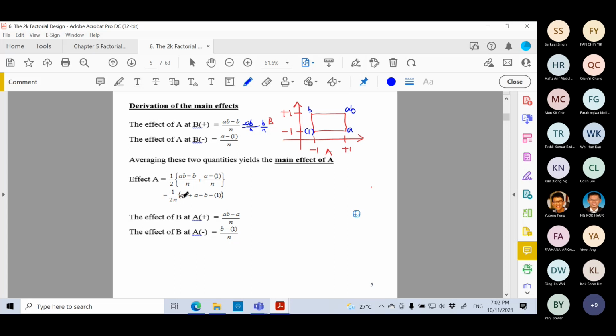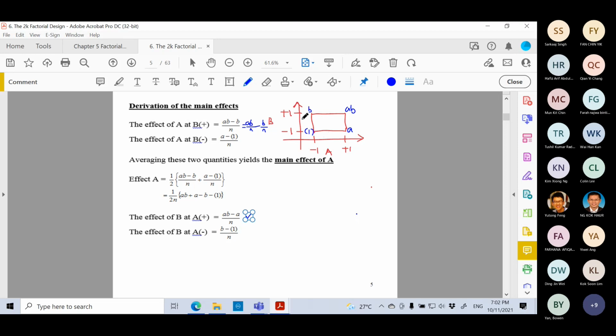Similarly, if you want to find the effect of B, the effect of B at A positive, you refer to the A positive here, you use AB minus A divided by n. If you are looking for the effect of B at A minus, you get B minus 1 divided by n.